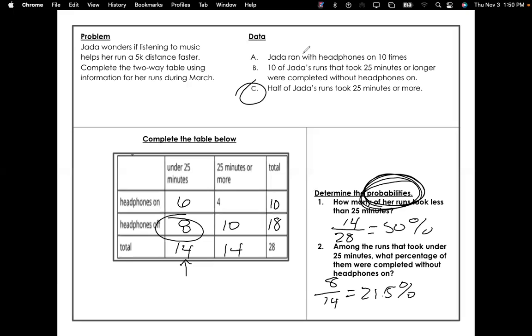I don't think that's right. That's 57. It's got to be 57. Macy, way to go. It's going to be 57%. Good try.